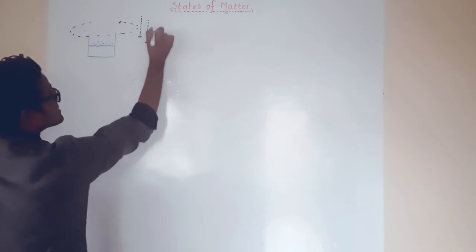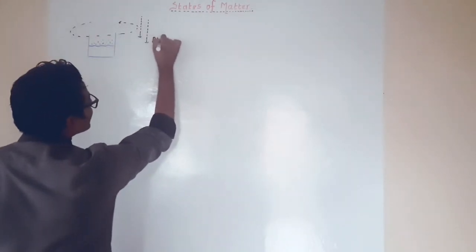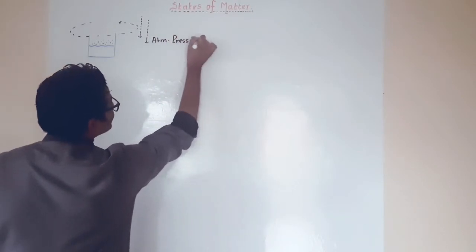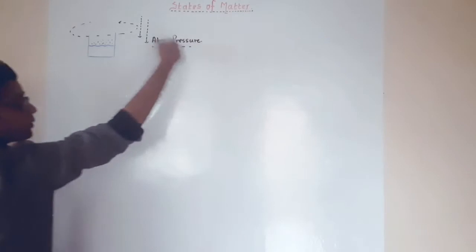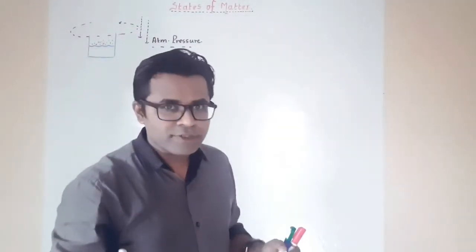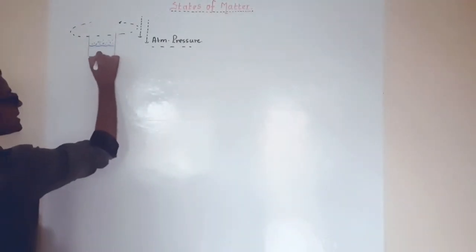This pressure generated in the atmosphere is nothing more than the atmospheric pressure. You need to understand that the atmospheric pressure is far more than the vapor pressure under normal conditions.